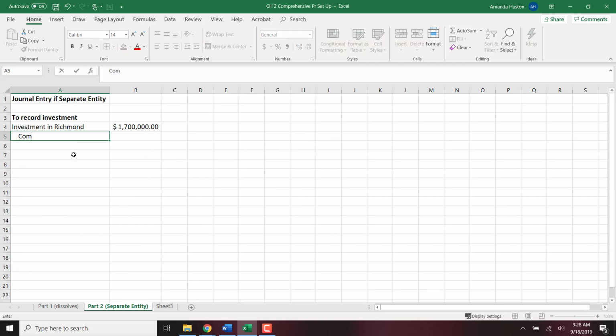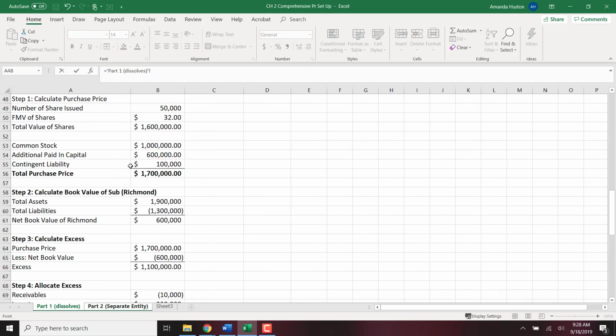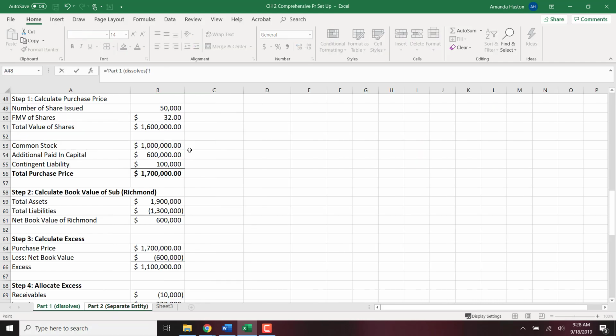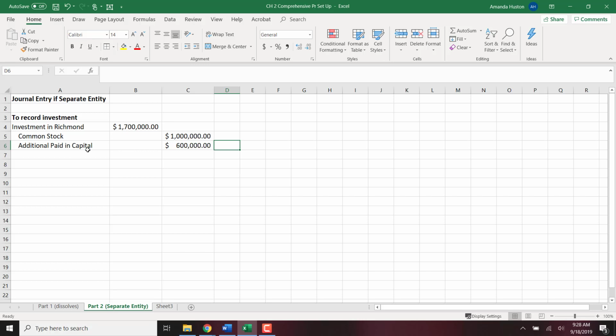And then we would record the common stock from problem 1, which is 1,000,000. Additional paid in capital, which was 600,000. And the contingent liability, which was 100,000.